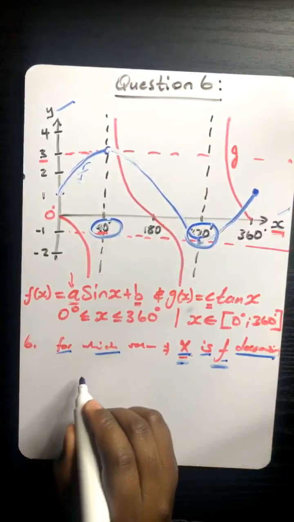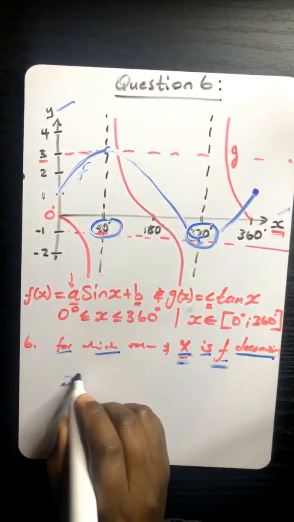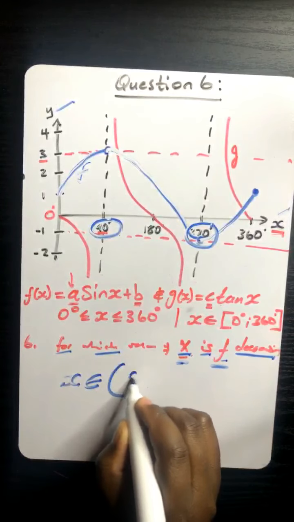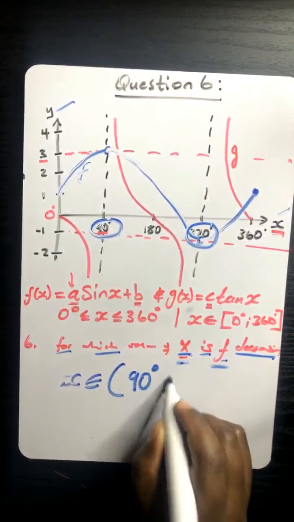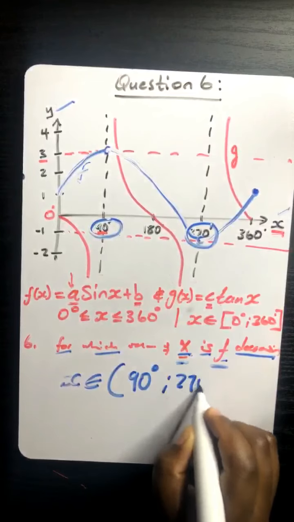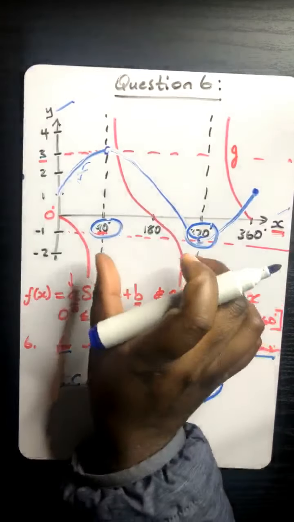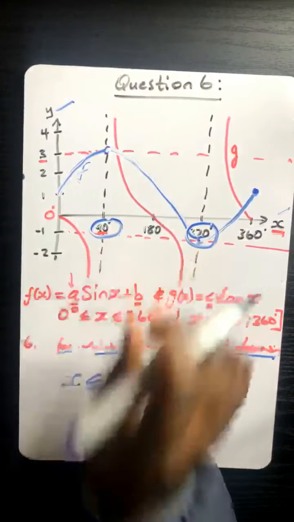So you write it as X is an element of 90 degrees and 270 degrees. Or otherwise, you can say between 90 and 270.